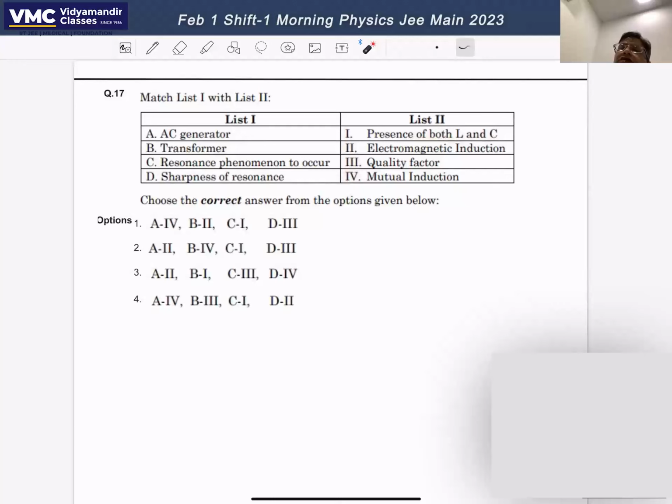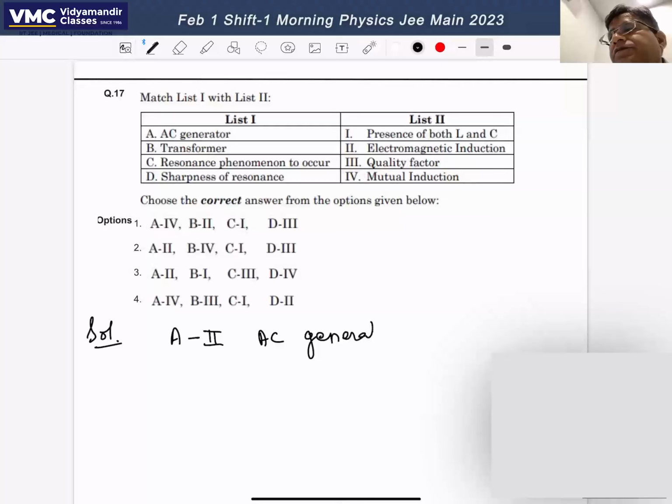For AC generation, we see that it works on principle of say electromagnetic induction. So for AC generator, the principle of electromagnetic induction works.